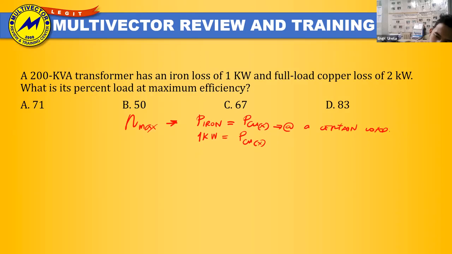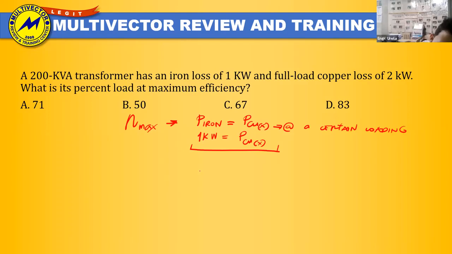Kapag yung X nyo is just equals to 0.5, half load. Kapag 1, full load. Pag 1.25, 25% overload siya. So alam ko na dapat yung copper loss ko during the maximum efficiency. Ano ba yung direct formula ng copper loss natin at any loading with respect to the full load copper loss?